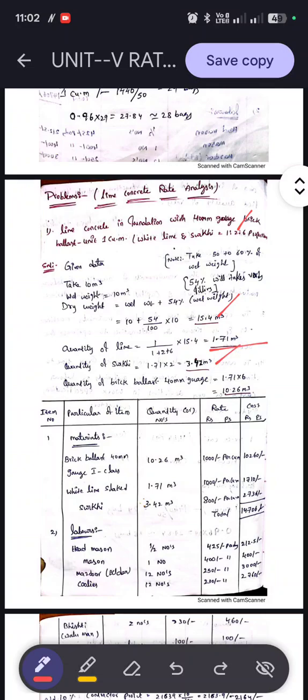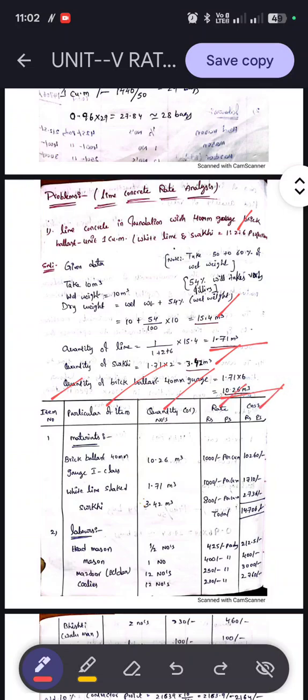Next, the quantity of brick ballast 40 gauge: lime 1.71 into 6, and now the value is 10.26 cubic meters. Now write the table: item number, particulars of item, quantity or numbers, rate, cost.